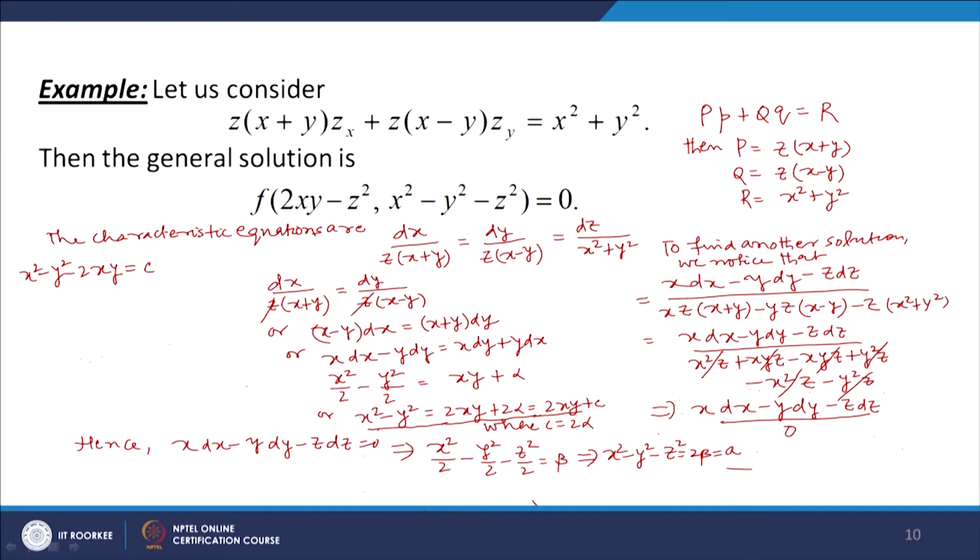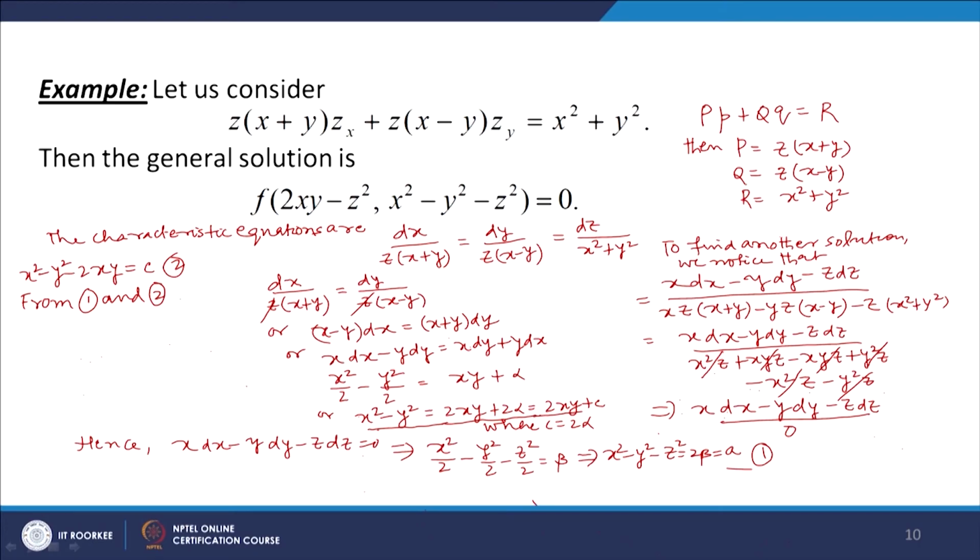Now, let us say this is 1, this is 2. So, from 1 and 2, if we write x square minus y square equal to 2xy plus c, then what we get?